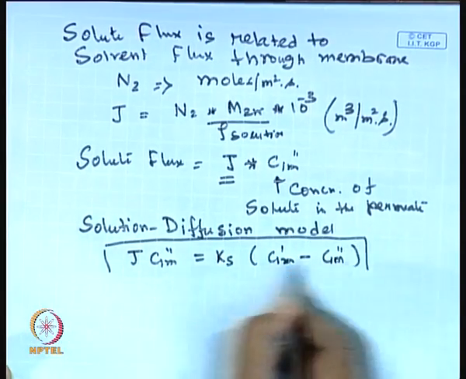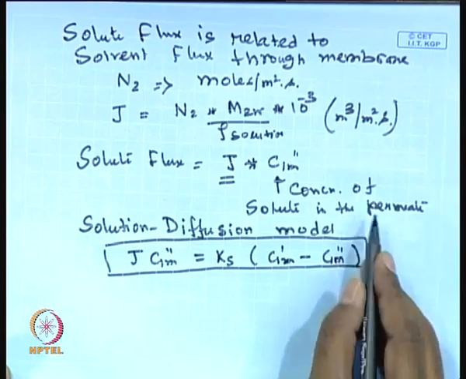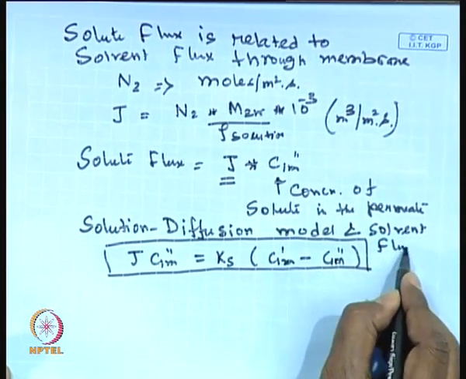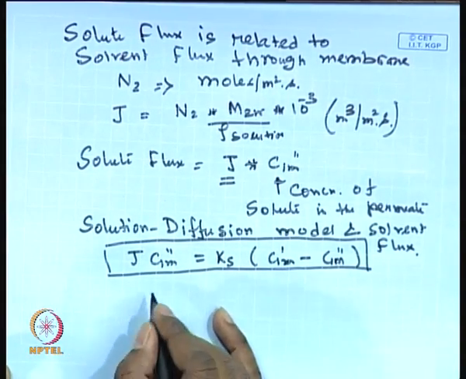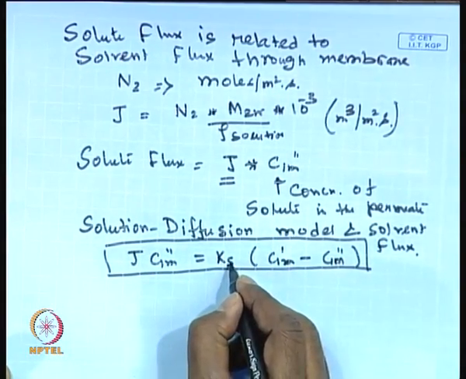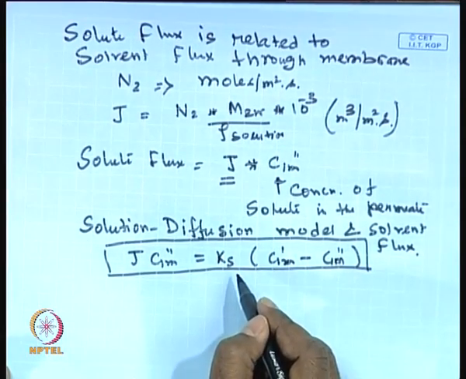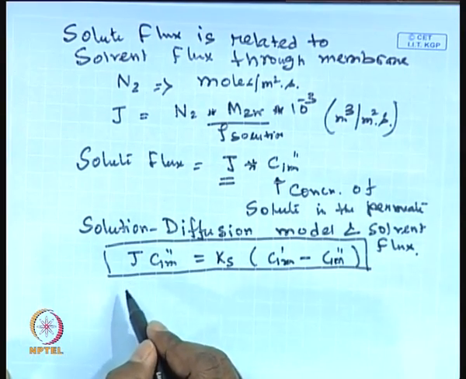So, this is the relationship of the solution diffusion model and solvent flux. Now, in fact this constant Ks will be having a different unit compared to the constant that appeared in the solution diffusion model, because of the volumetric flux that we are talking about.